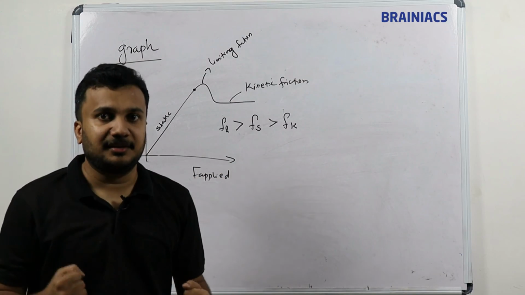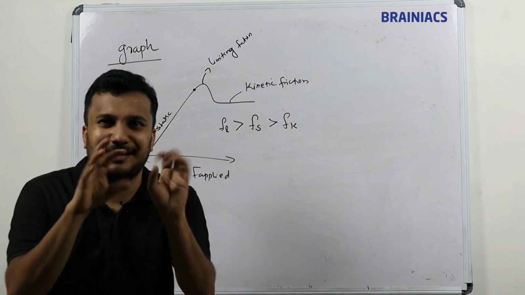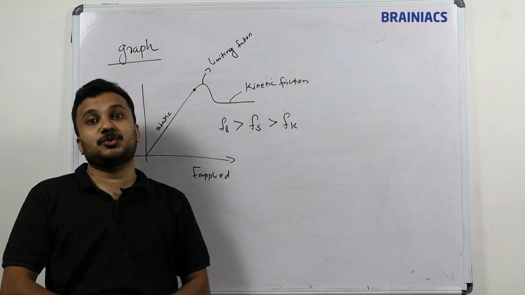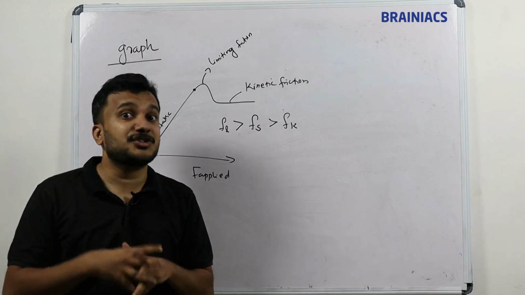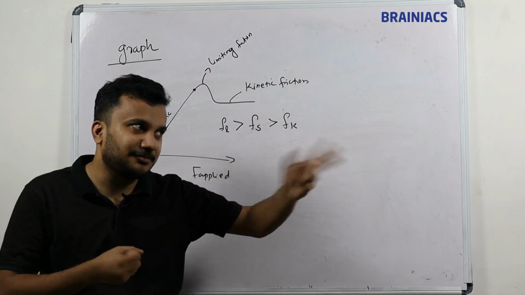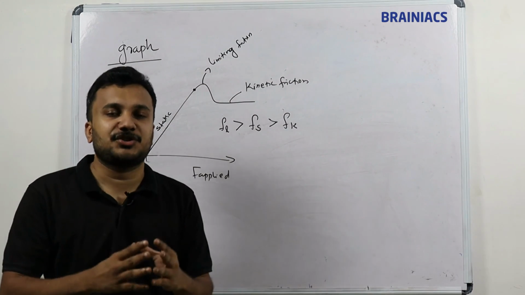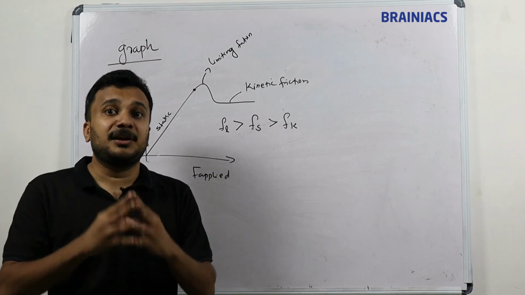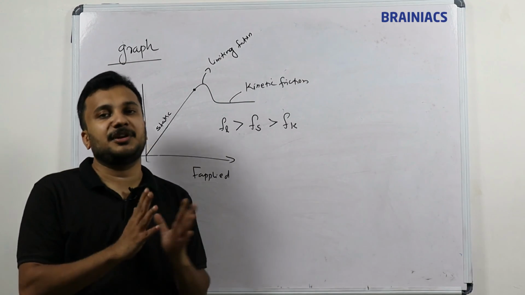If the limiting friction value is higher and the applied force is lesser, the block will never move, acceleration is equal to 0. But what is the frictional force value in that case? Frictional force will adjust with the applied force. So the static frictional force value is equal to the applied force value when limiting friction is higher than the applied force.